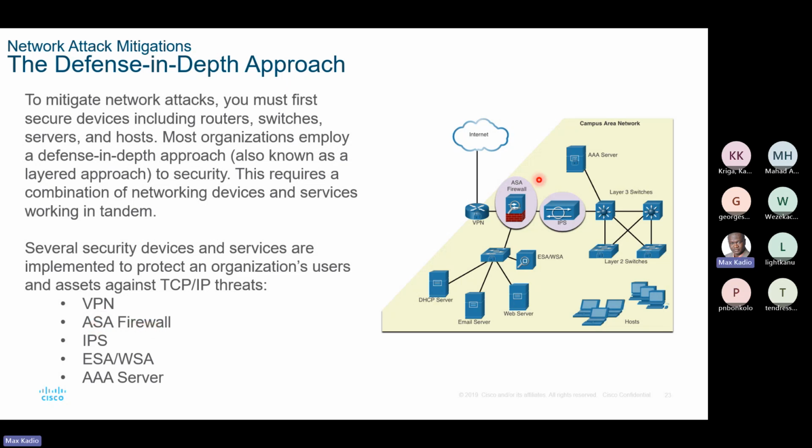All these devices you can buy and set up to make your network secure. You can secure your emails via ESA, the email security appliance, to filter the spam. Secure your web with the web security appliance, and a lot of stuff. So you can have a look here and continue.